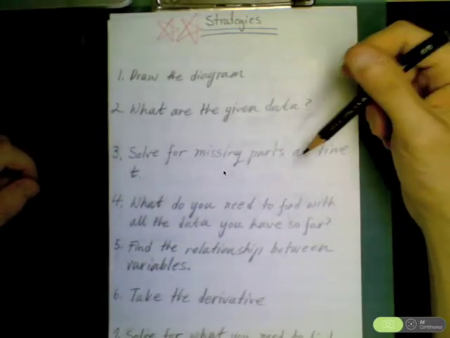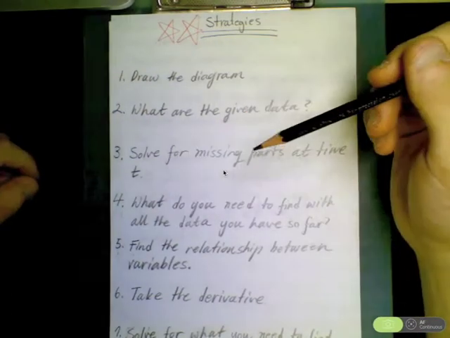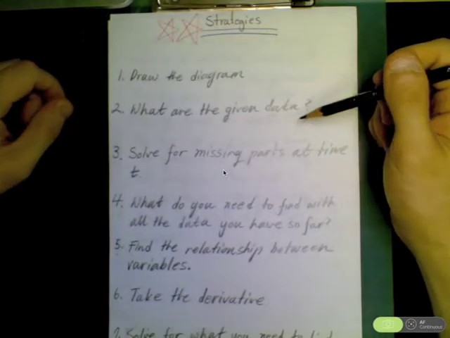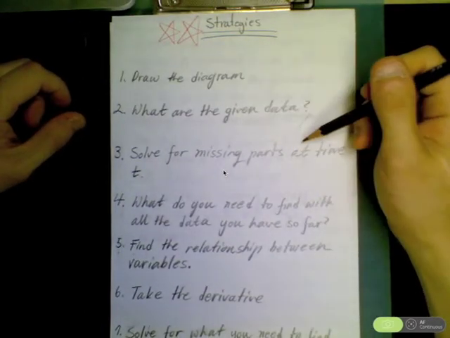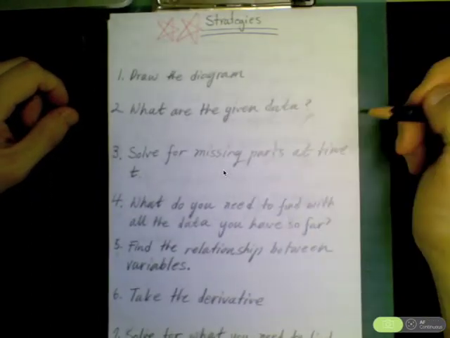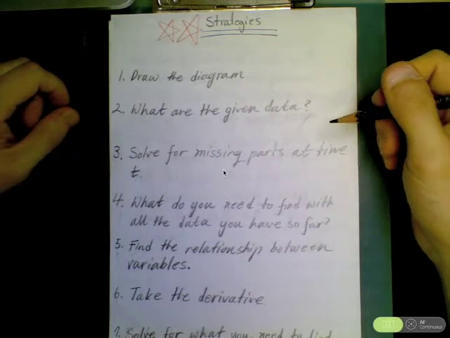The third step is solve for missing parts at time t. What I mean by that is, at the second step you got all these given data, and you took note of those data on some blank space, like next to the problem.